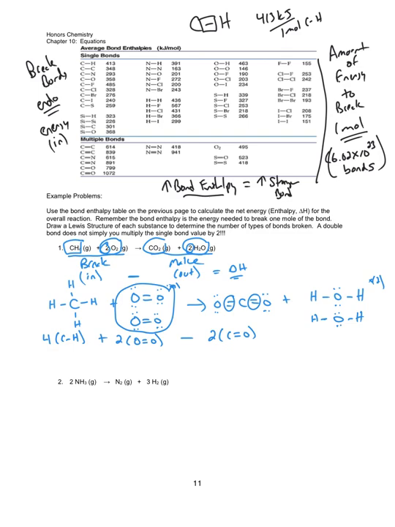So there's a total of 2 carbon-oxygen double bonds. And because, again, there are 2 molecules, there are 4 O-H single bonds. We're going to sum up all the bonds that we have to break and all the bonds that we have to make, and then simply do the math. So the hard work is actually done for us already.